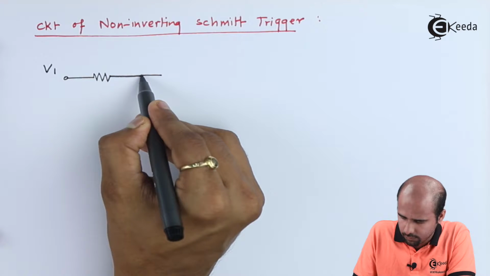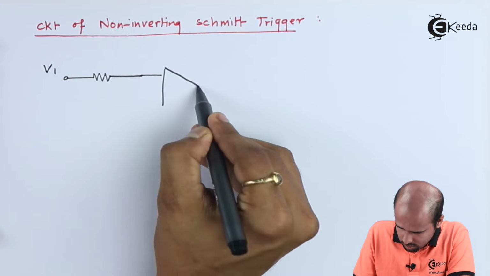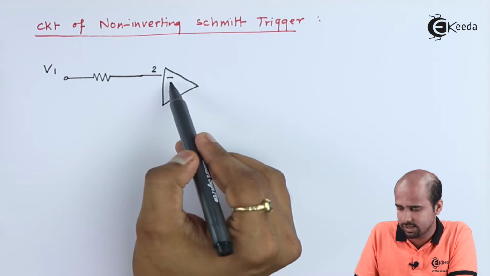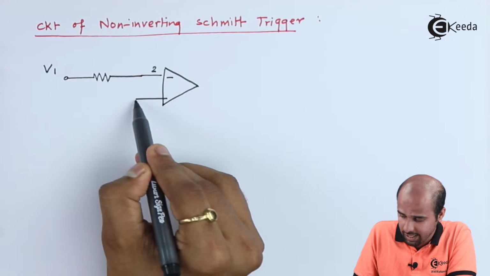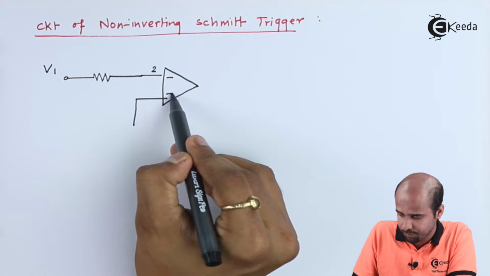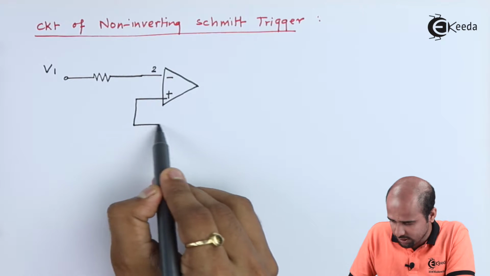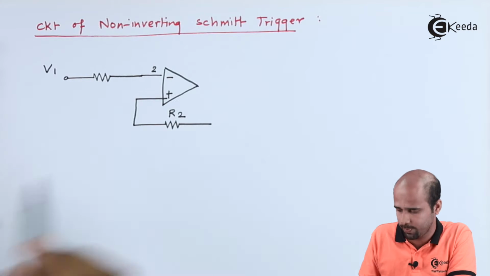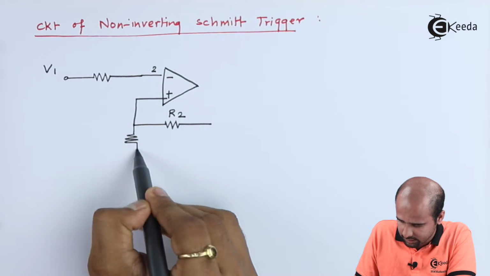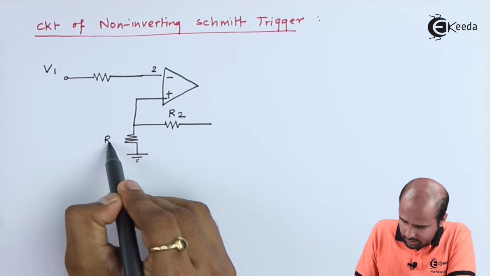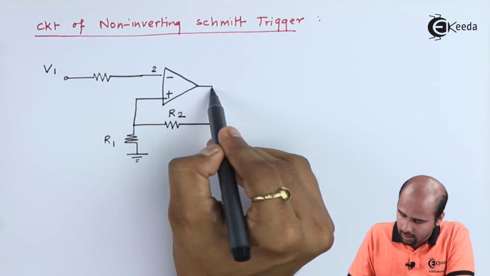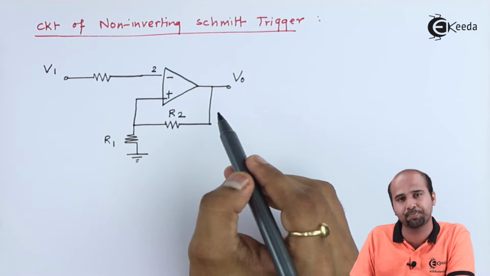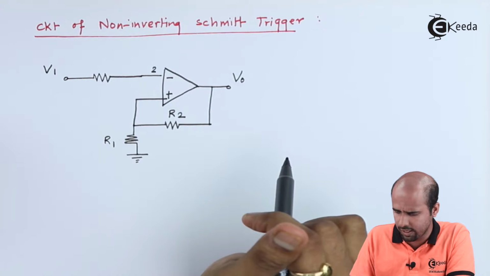Nothing is there from this node. Only op amp, that is inverting terminal. I am applying feedback from non-inverting terminal through one resistor, that is, let's say this is R2, and one resistor is connected to ground. Let's say this is R1, and here I will be getting the output. Fine. So far so well.